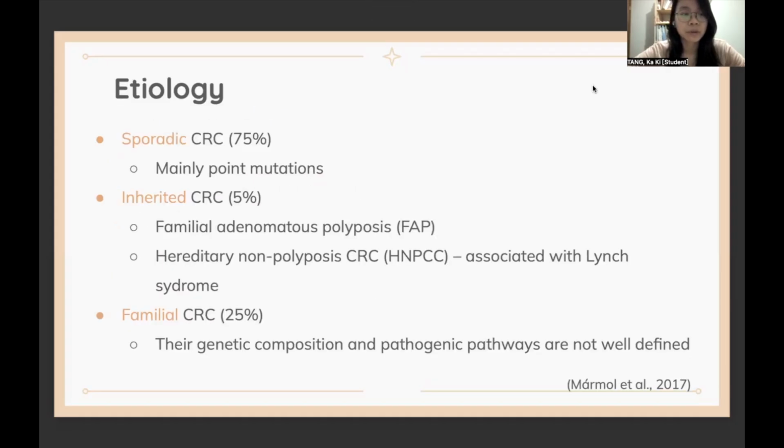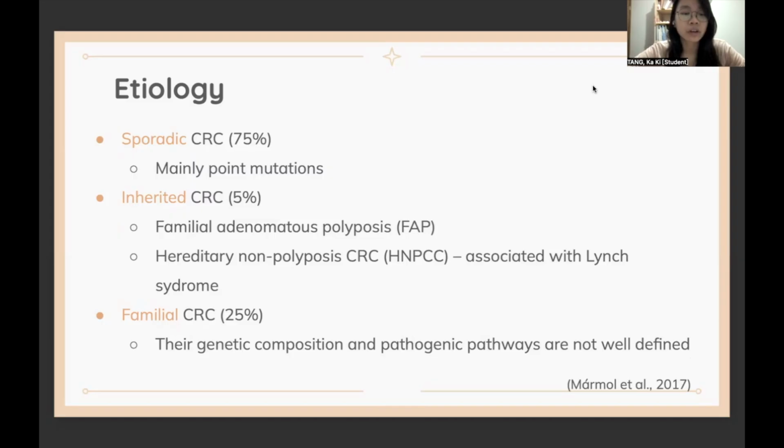There are 3 types of mutation in colorectal cancer, including sporadic, inherited, and familial mutation. Sporadic colorectal cancer accounts for more cases and mainly involves point mutations.